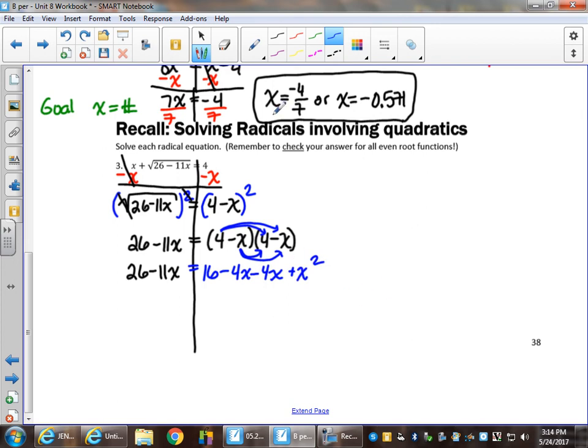So what I just wrote in blue comes from distributing. I see that I can combine like terms. So I will leave this 26 minus 11x alone. At the same time, I choose to rearrange this to be standard form, meaning that the x squared will come first. We're going to write it highest power to lowest. So x squared minus 8x plus 16.